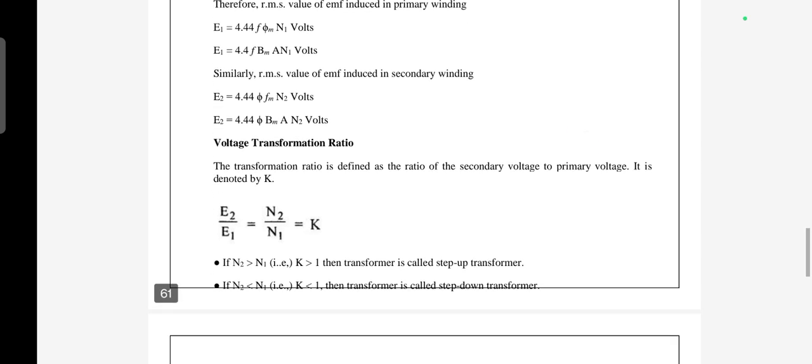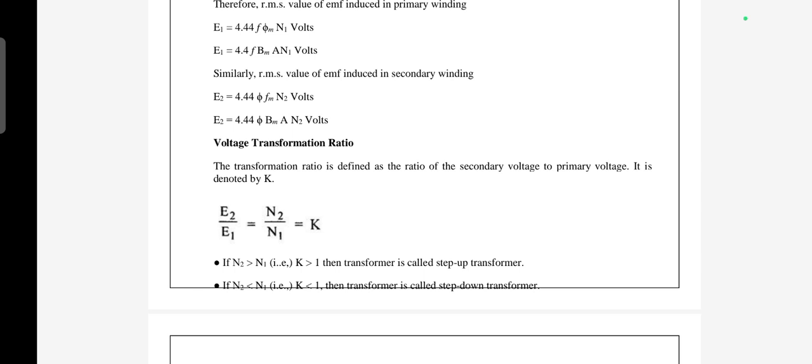Then we go to the voltage transformation ratio. The transformation ratio is the ratio of the secondary voltage to the primary voltage, denoted by K, where the expression is E2 divided by E1 equal to N2 divided by N1 equal to K. Whenever the number of turns in the secondary winding is greater than the number of turns in the primary, the voltage transformation ratio is greater than 1, which is called a step up transformer.